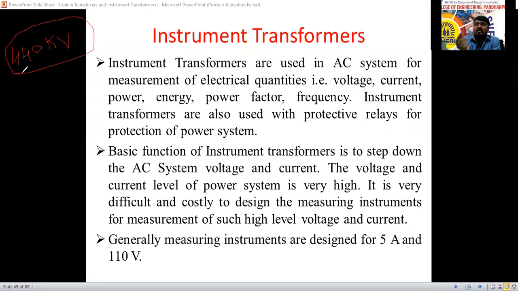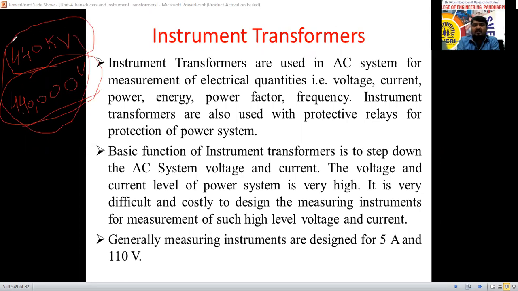For the 230 volts you get in your house, you can just connect an ammeter. But 440 kV is 4,40,000 volts. This measurement is difficult, the insulation has to be costlier, and the whole setup is very costly.